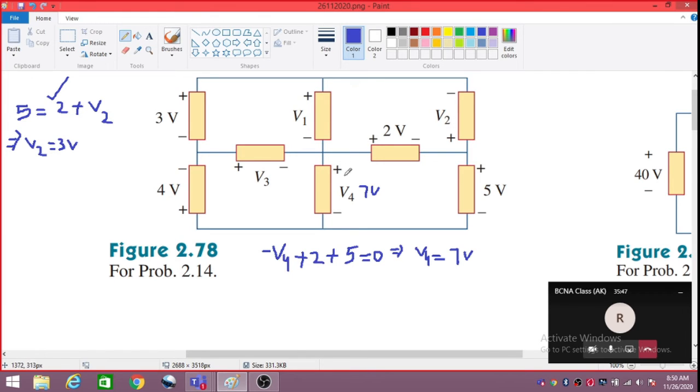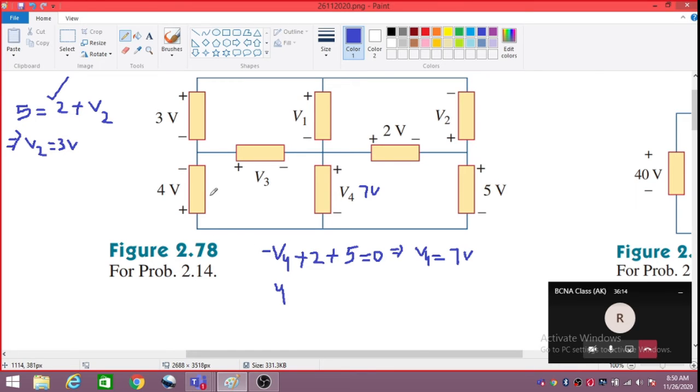Now this is known to us, so we can solve this loop to find out V3, because in this loop only one unknown is there. So what will be the KVL equation for this loop? Minus 4, sorry, plus 4, because we are entering from the positive sign, so as per our convention we will write it to be plus.